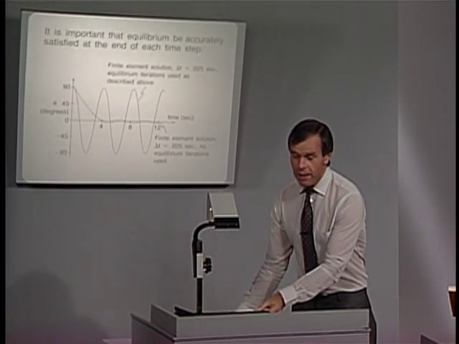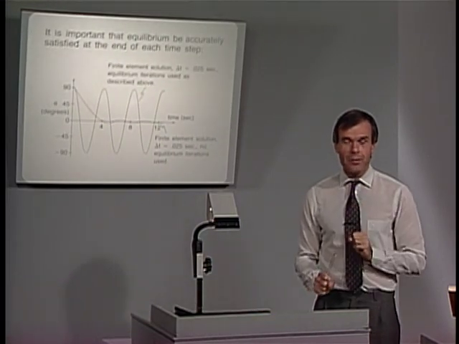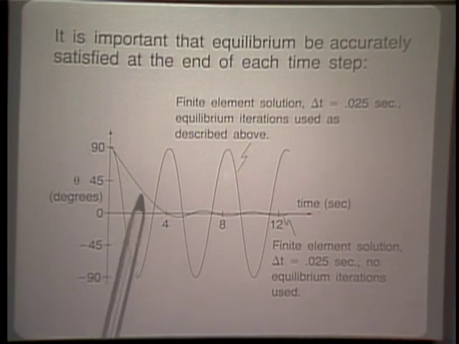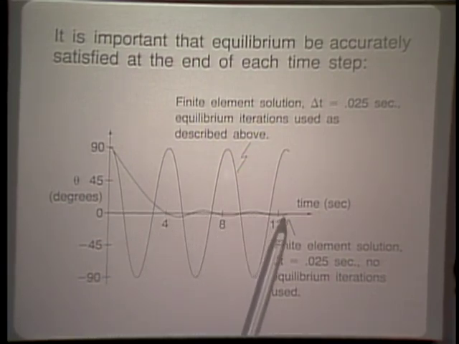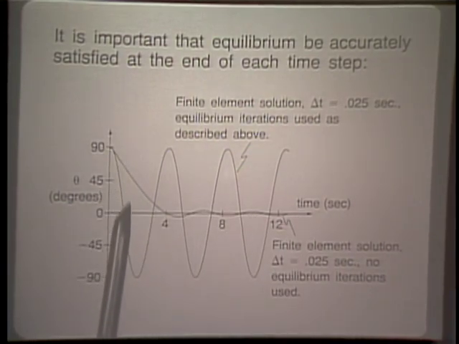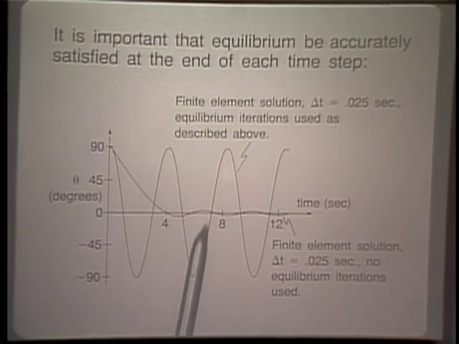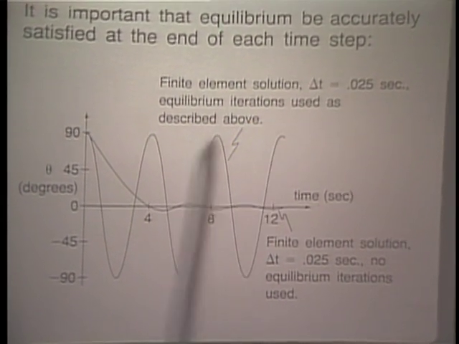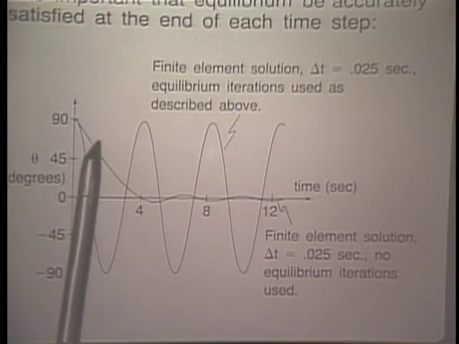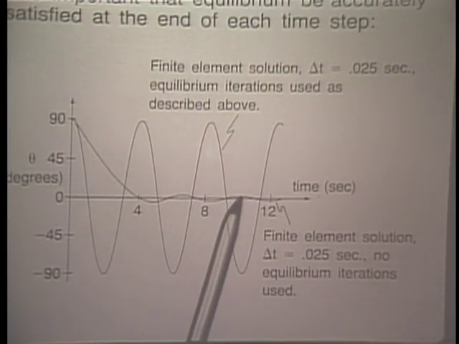If we don't iterate, then we obtain a solution that looks as shown here. In other words, instead of getting this oscillatory response that we would like to obtain, we obtain really a highly damped solution response.